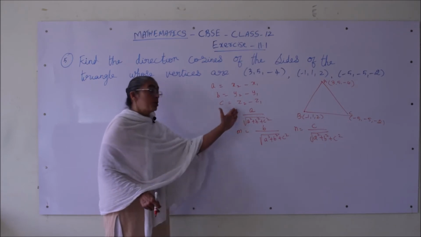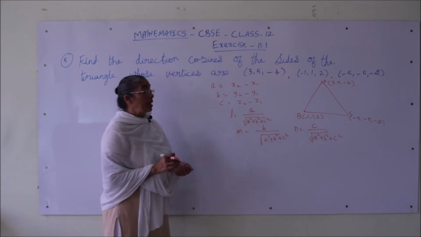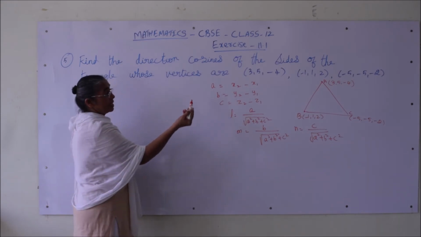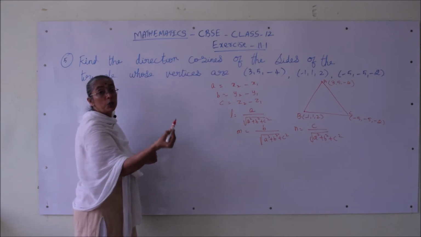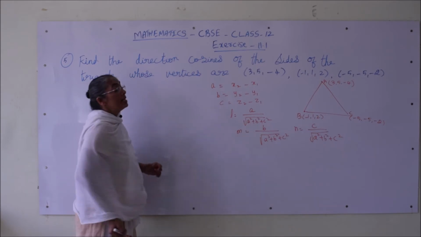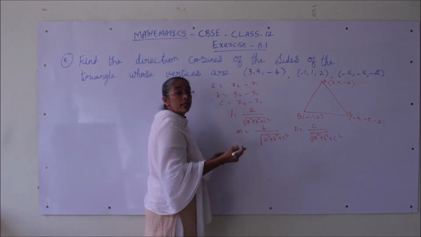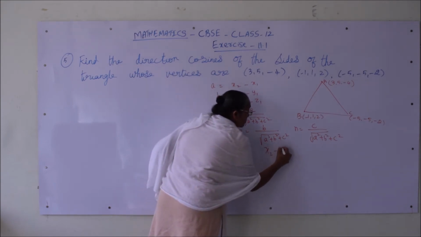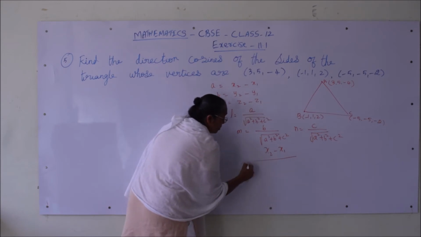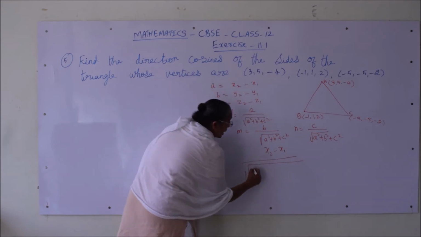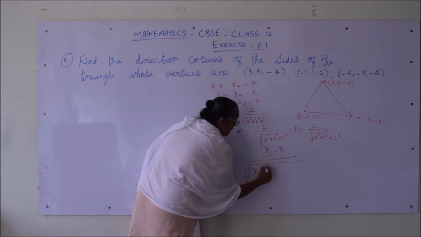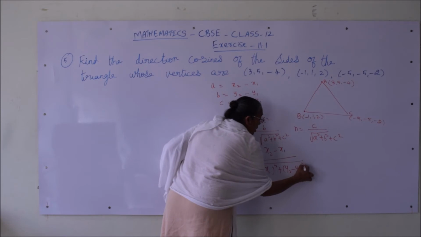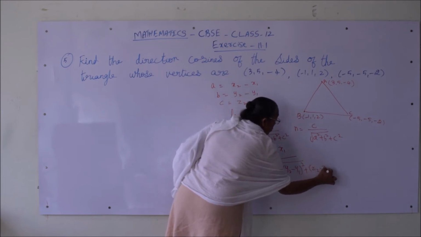For the given points, first we can find x2 minus x1 and substitute in this formula, or directly, sometimes the formula in the book is given for points x1, y1, z1 and x2, y2, z2. Because A is x2 minus x1, L is x2 minus x1 divided by root over x2 minus x1 whole square plus y2 minus y1 whole square plus z2 minus z1 whole square.